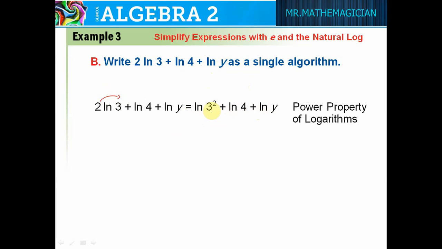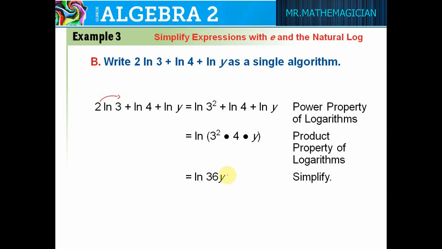Now we can take ln, and all of the plus signs will be multiplication signs. So ln 3 to the power of 2 multiplied by 4 multiplied by y. 3 to the power of 2 is 9 times 4, 36. So ln 36y. We succeeded to express this expression as a single log or a single ln. So the answer is ln 36y.